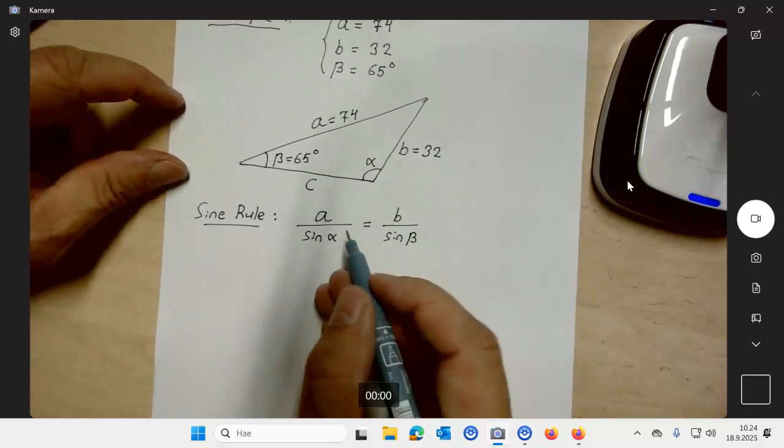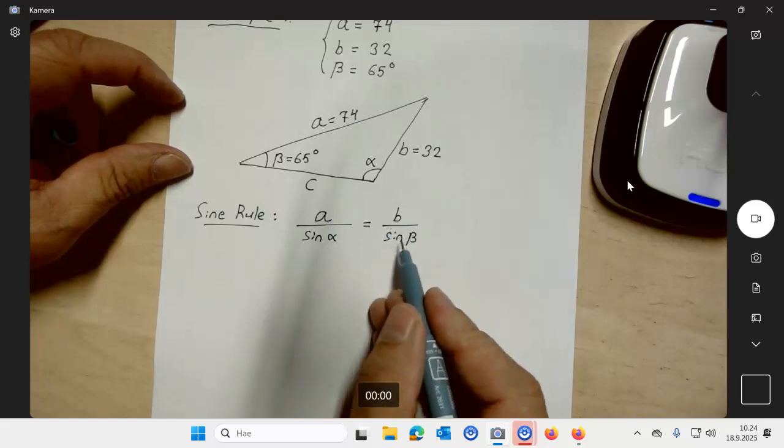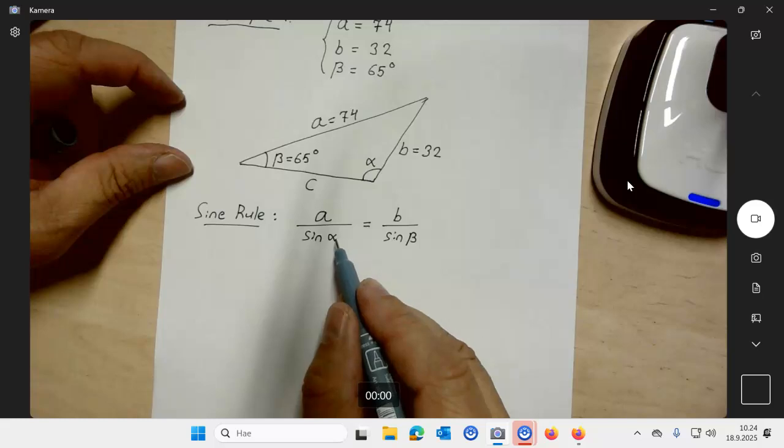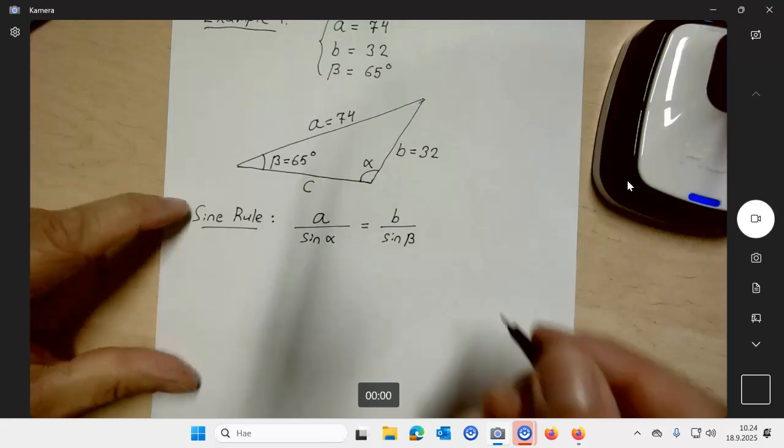And we know A, B, and beta and want to solve alpha. What do we do? Cross multiplication would be, yeah.